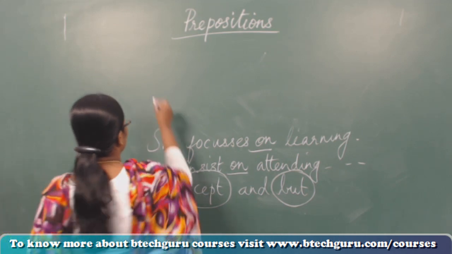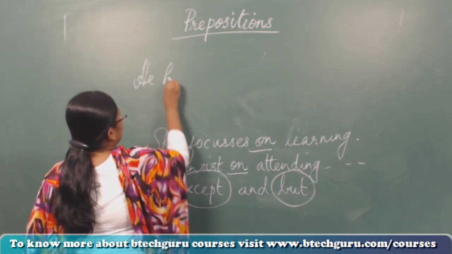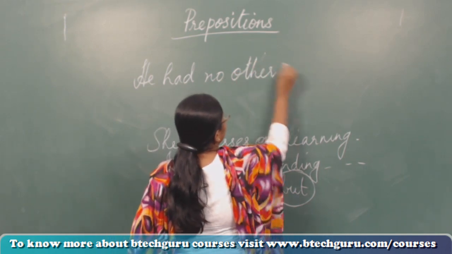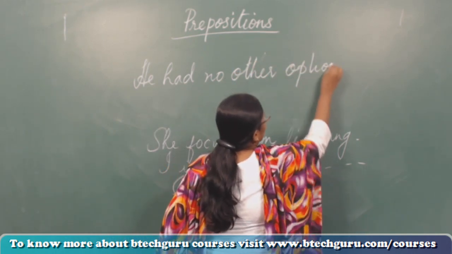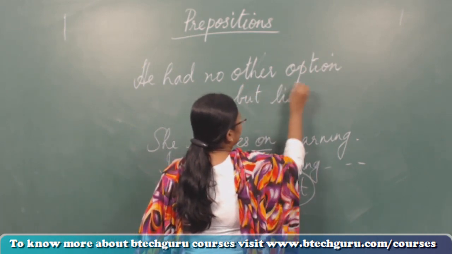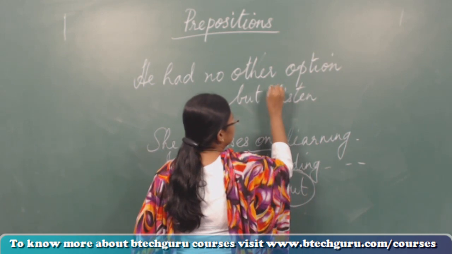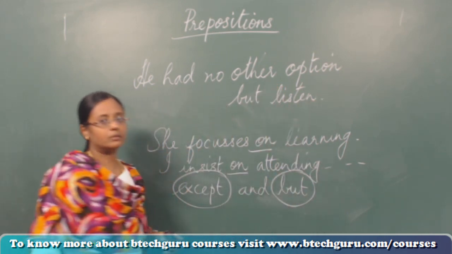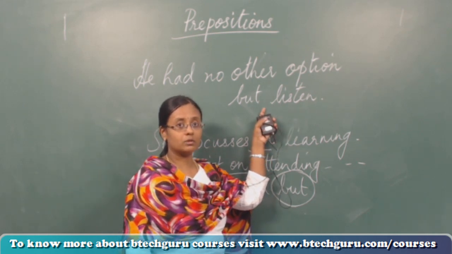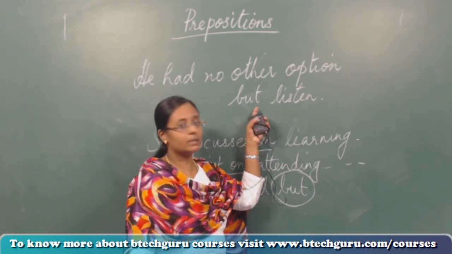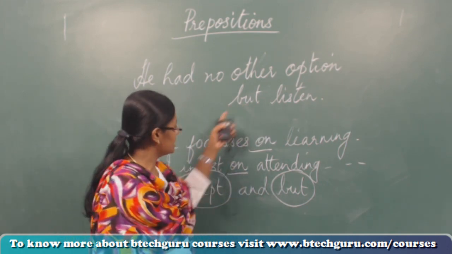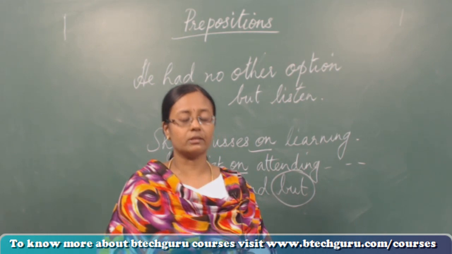He had no other choice or option but listen. Here the to is omitted. So it's called a bare infinitive. When we use the verb without the to, it is called a bare infinitive. But the meaning is understood. See, it's like to. He had no other option but listen, means he had to listen.